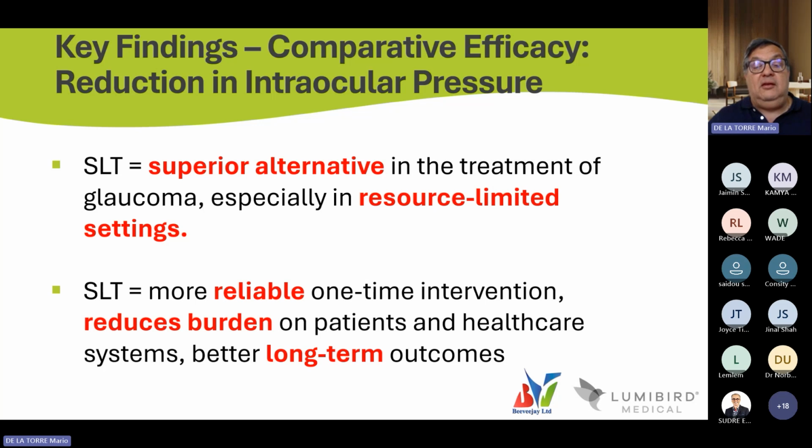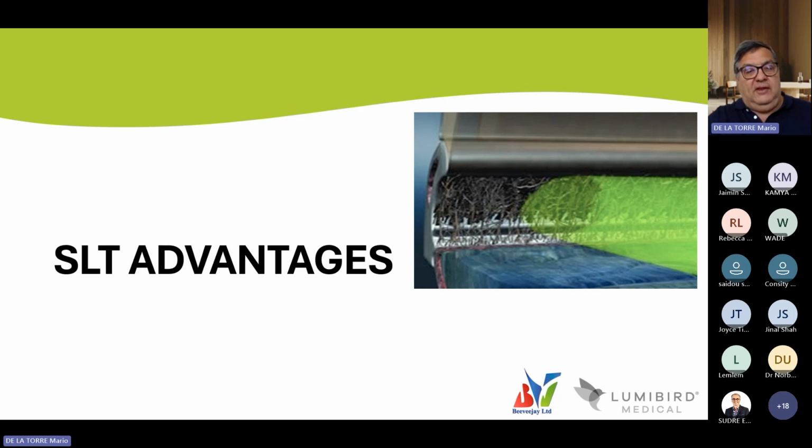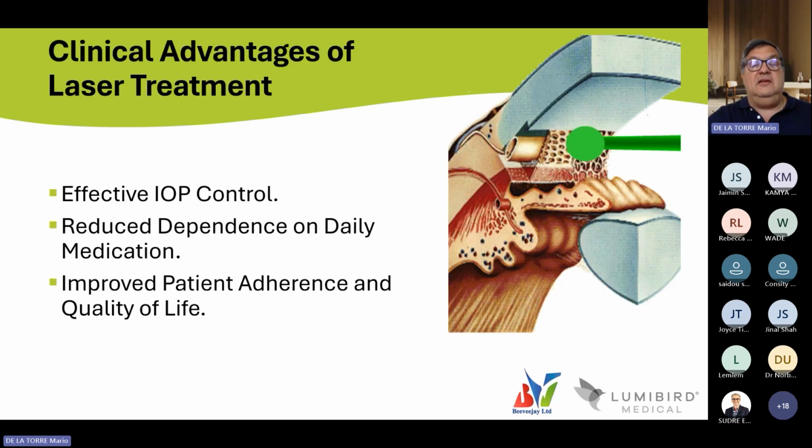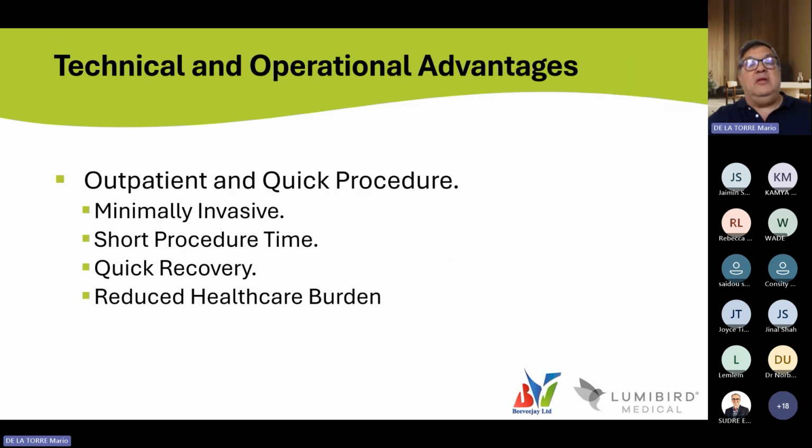That's the most important thing, because they have better long-term outcomes. The patient doesn't need to take the medication, and that solves the drop adherence problem, etc. SLT gives you effective IOP control, reduces dependence on daily medication, and improves patient adherence and quality of life. All the goals that the LIGHT study was looking for were accomplished.